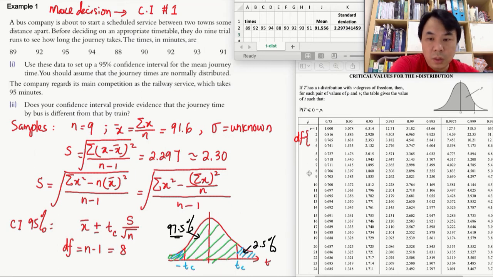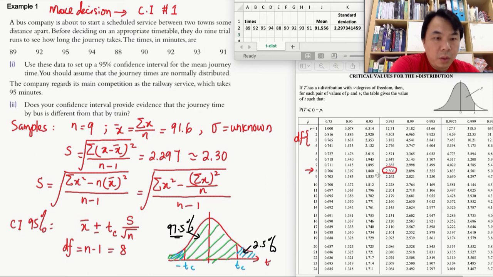First of all, is row number 8 here, degree of freedom 8. And then we're going to look under the columns to see whether we have 97.5, which is 0.975 here. So it's somewhere here, and then there you have it. That will be our critical value for this confidence interval.